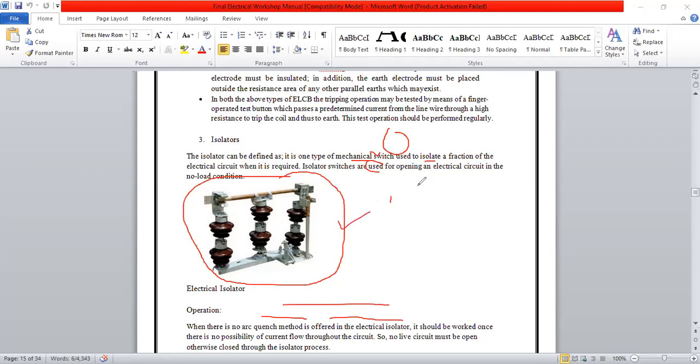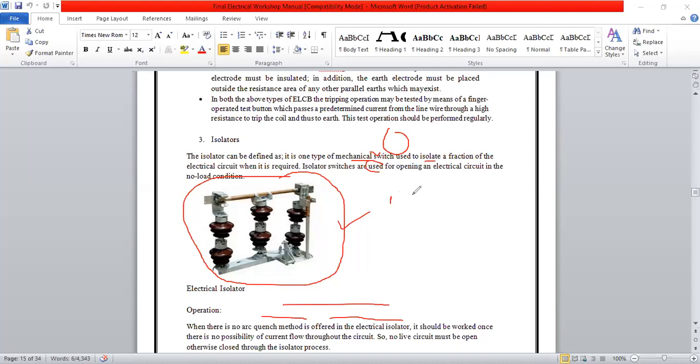So it is used to open the circuit when the no load condition is there. Only if there is no load condition can we open this isolator. Otherwise, if you try to open the isolator under load, some over voltage will happen, and due to the over voltage there will be some damage to the system.